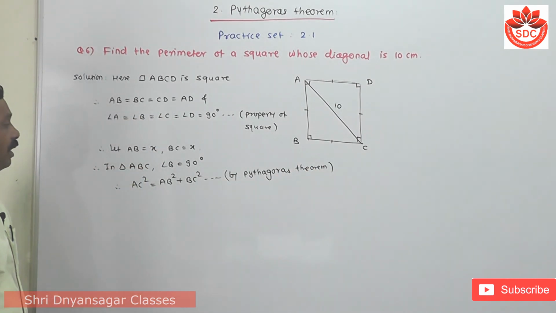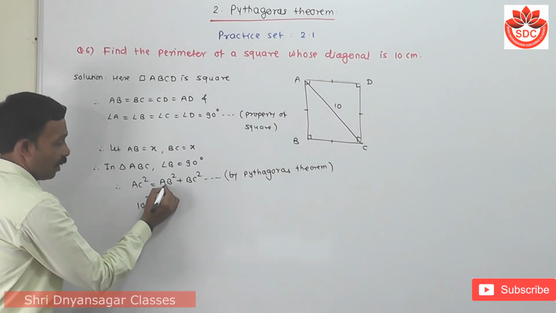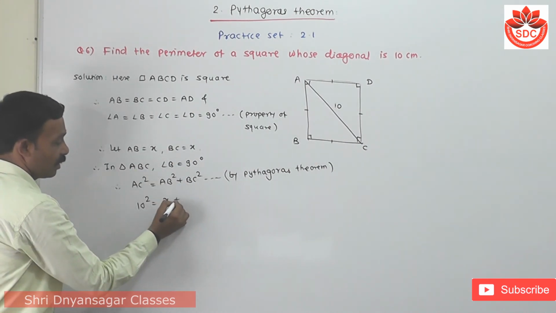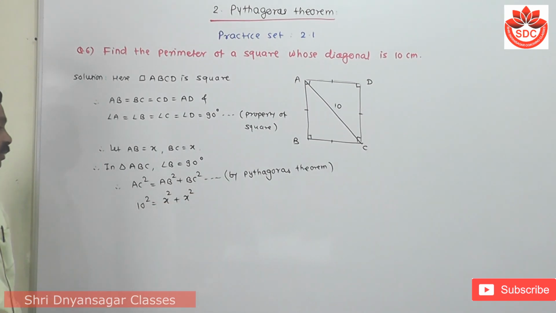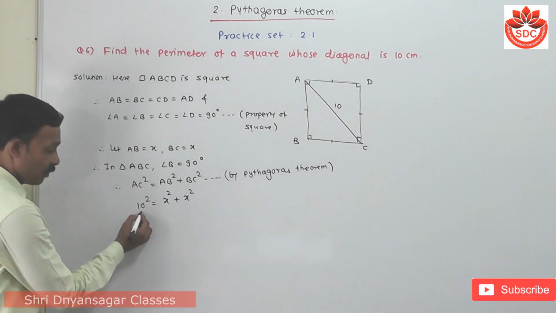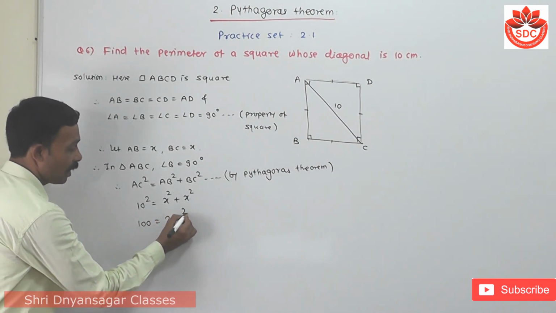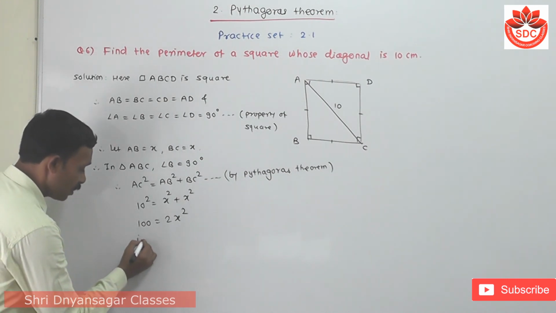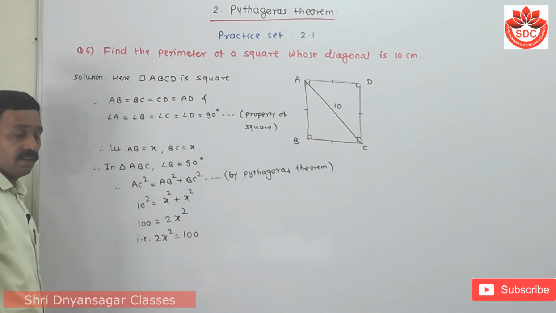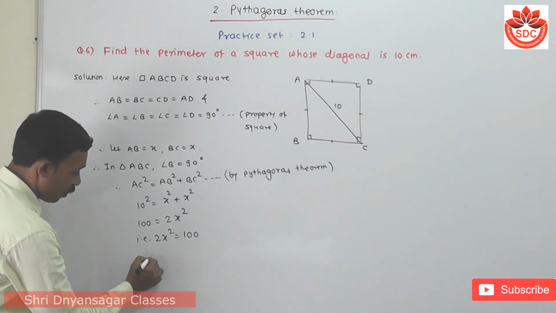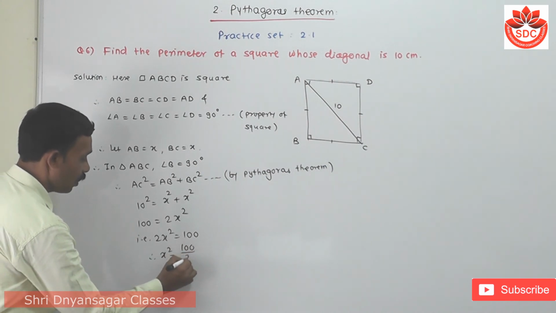Then substitute the values. AC is given here as 10, AB is x, BC is also x. Adding their squares, and the square of 10 is 100, is equal to 2x square. That is, 2x square is equal to 100. This 2 goes to the denominator. Therefore x square is equal to 100 upon 2.